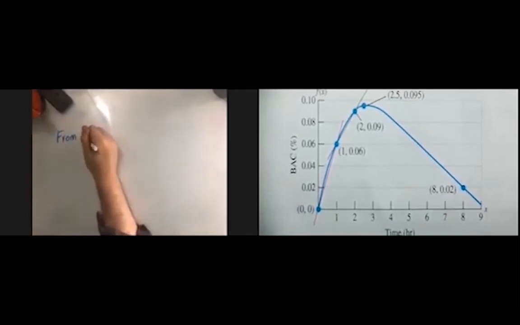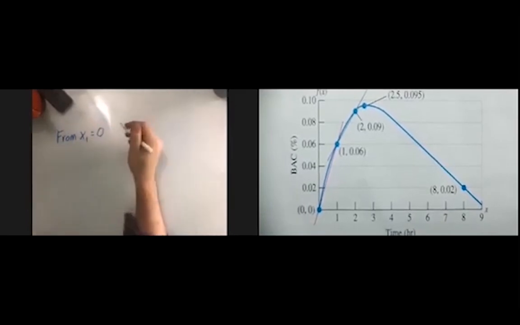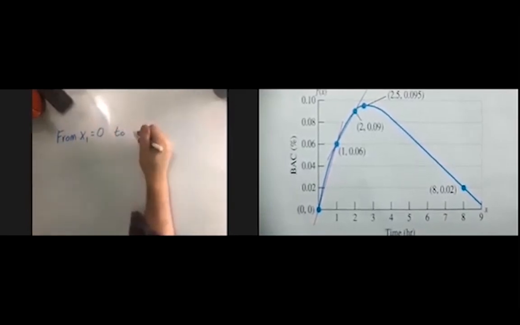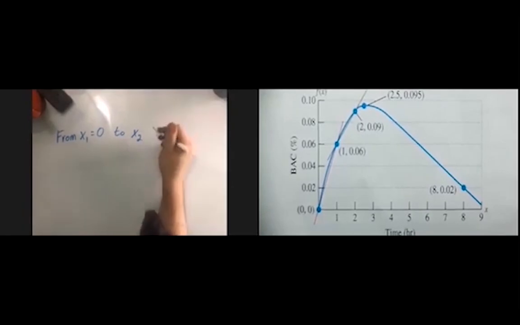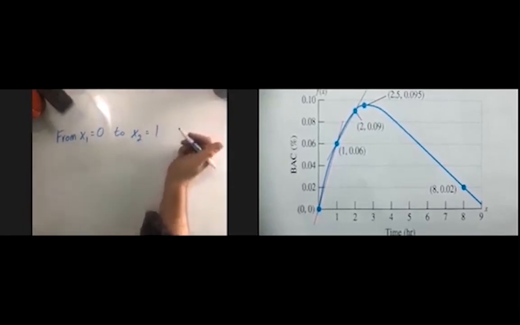From x1 equals 0 to x2 equals 1, let's find the average rate of change of the blood alcohol level.